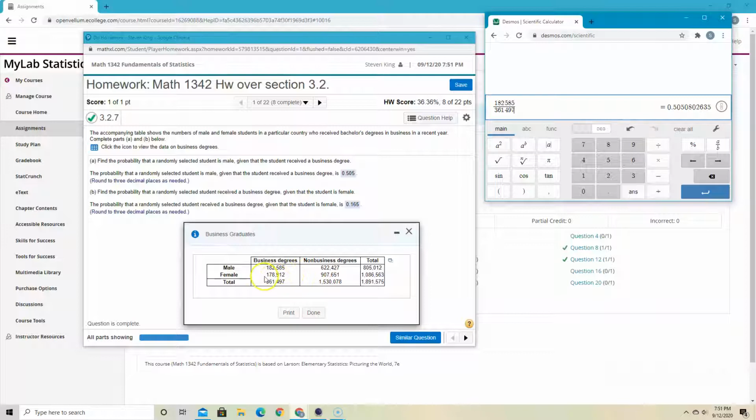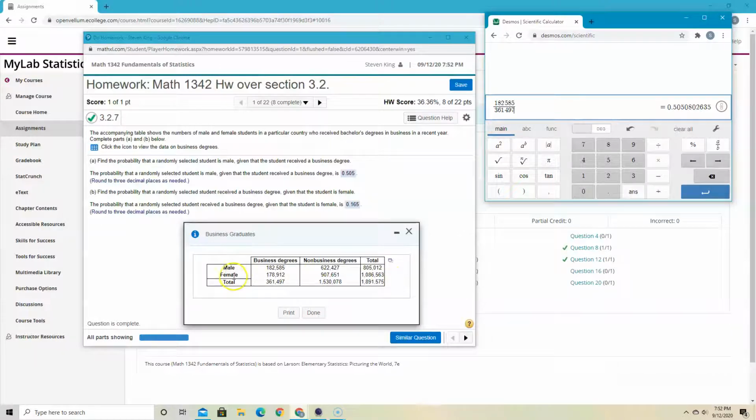It's this group right here that have business degrees and this group of females here that do not have business degrees. How many females do they add up to? This number right here, the 1,086,563. So that is our subgroup.